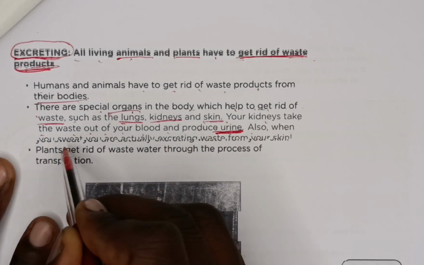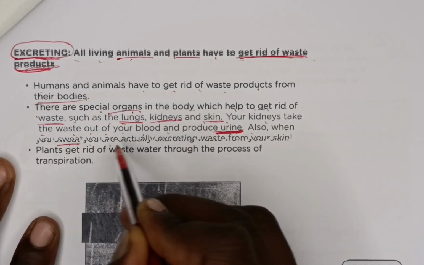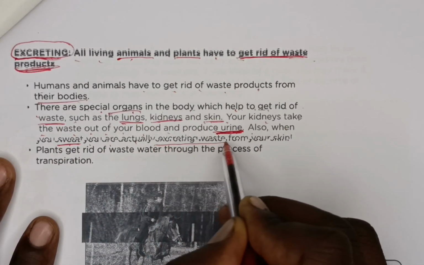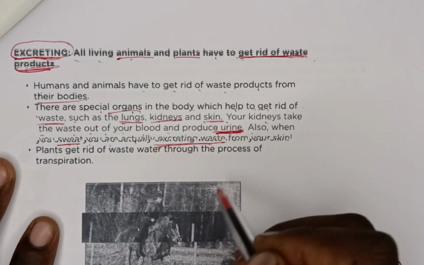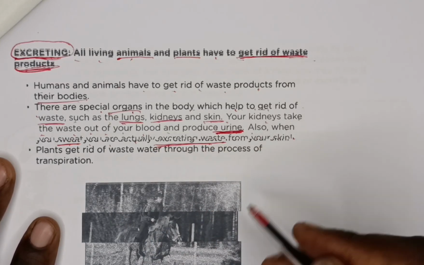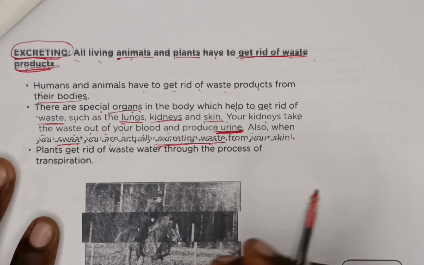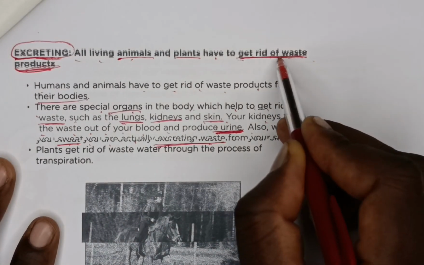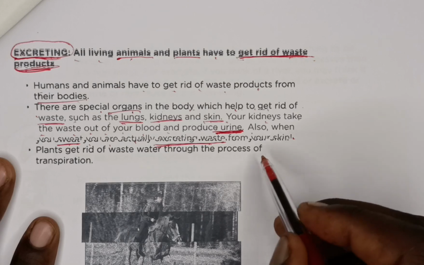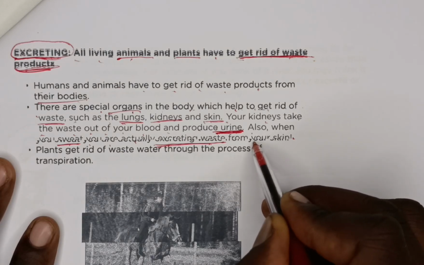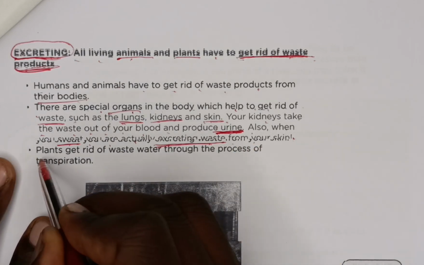Also, when you sweat, you are actually excreting waste product from your body. You are taking out what the body does not need anymore, what is waste. So you take it out from your skin.